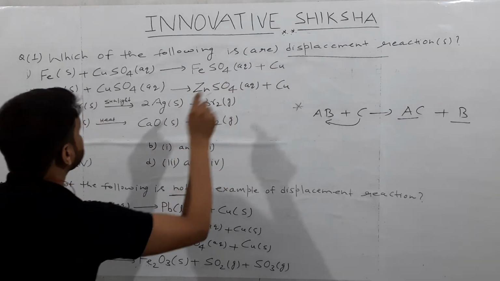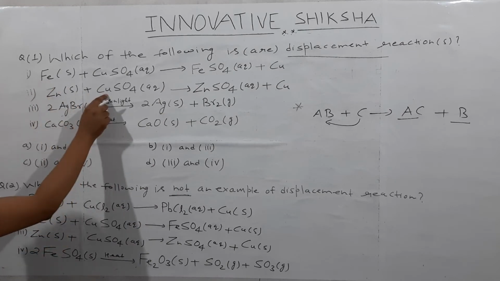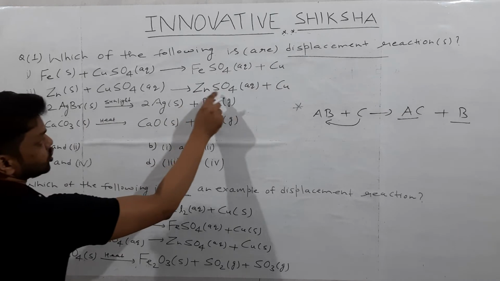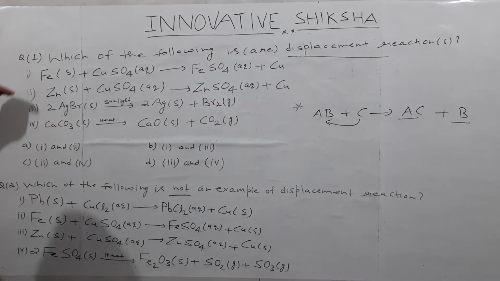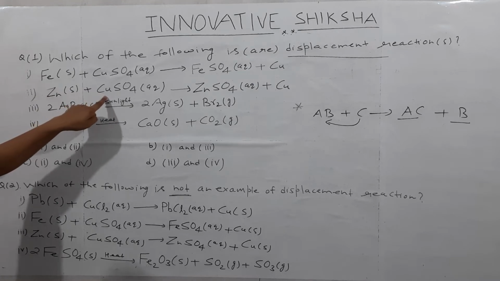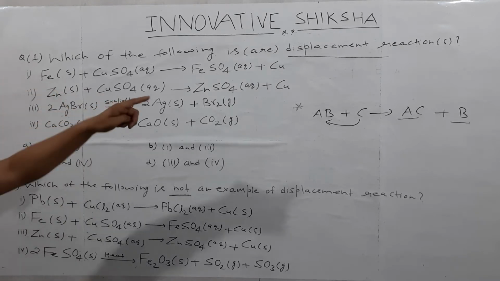Here also copper is displaced by zinc. That is why the product is ZnSO4 plus Cu. So in these two equations copper is displaced by iron and zinc respectively, that is, these two equations are an example of displacement reaction.